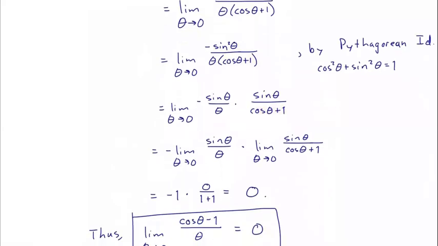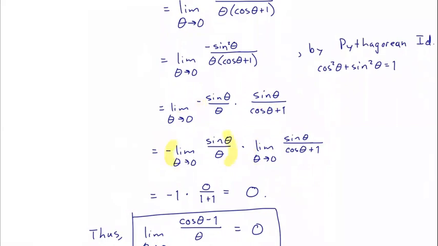So let's use a limit law. The limit of this function as theta goes to 0 seems to exist, and so does this one. So we'll split this up as the product. The limit of this product will now be the product of these limits. And that's as follows. So now this one, we factor the minus sign out.